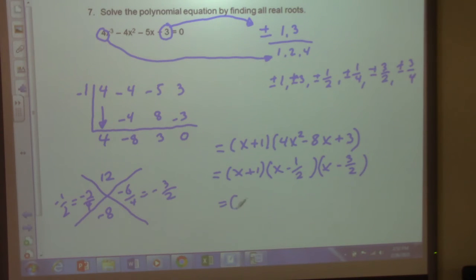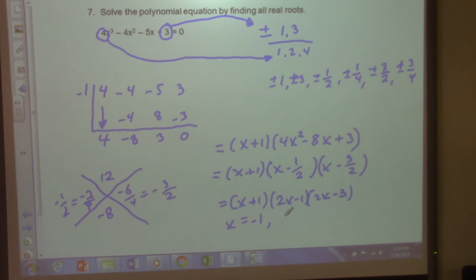So that's going to be x plus 1, 2x minus 1, and then 2x minus 3. And what are the solutions going to be? X is equal to -1.